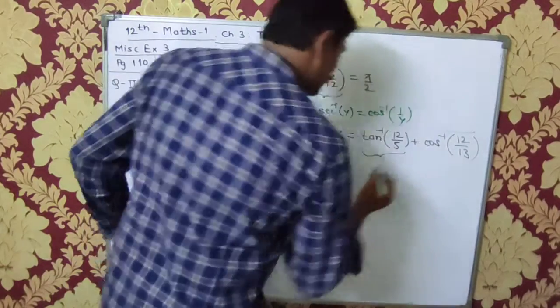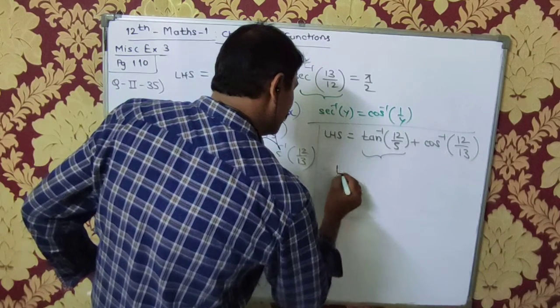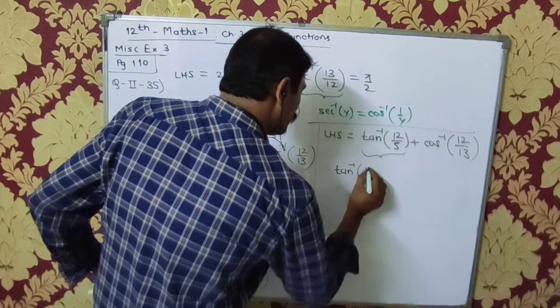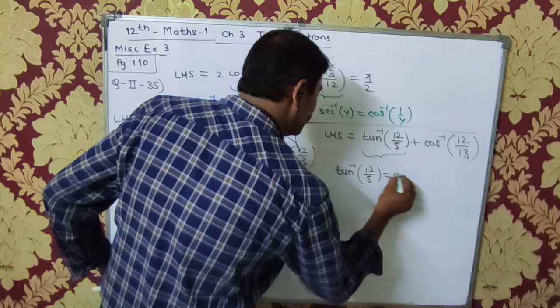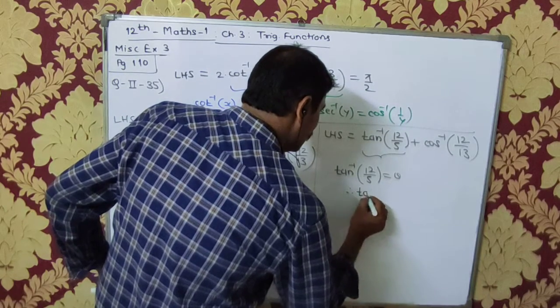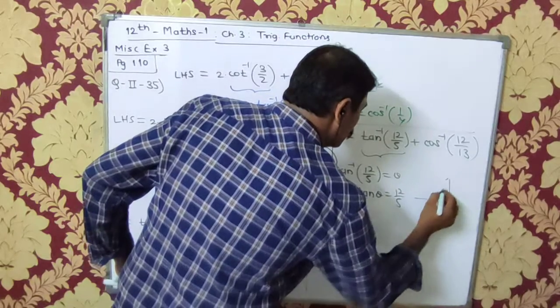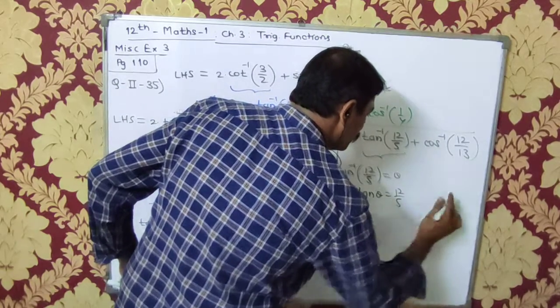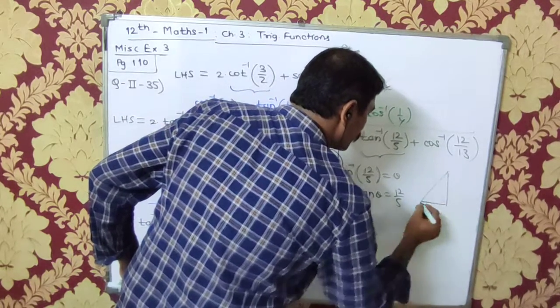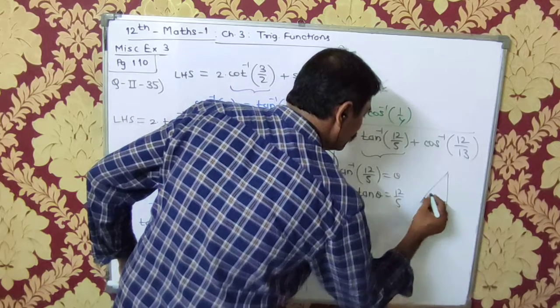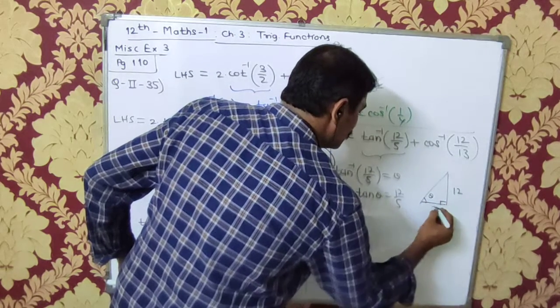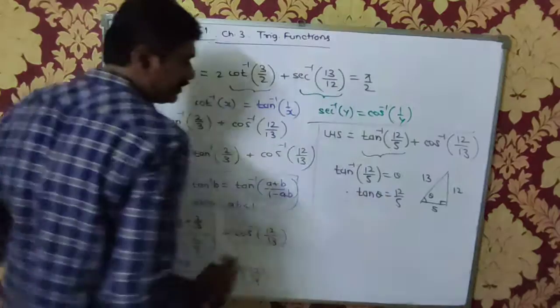Now let us call this theta, that tan inverse of 12 upon 5 is equal to theta, and therefore tan theta is equal to 12 upon 5. So this will be a right angle triangle, this will be theta, opposite side 12, adjacent side 5, so hypotenuse is 13.